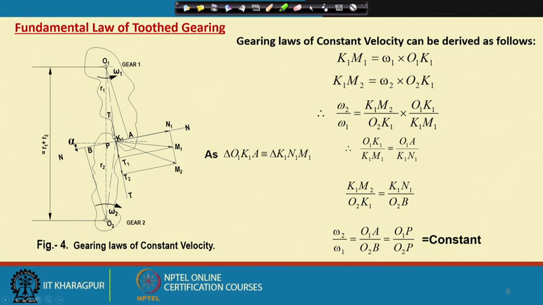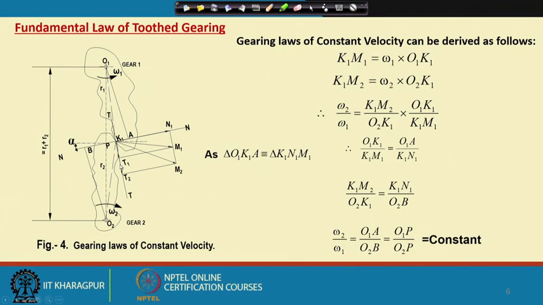This velocity along the line of action remains constant, and this ratio remains constant. But if we consider their components along the K1 direction, one is K1 T1 and another is K2 T2. Obviously, these two vectors will be equal at the point P, but at other points there will be a difference.